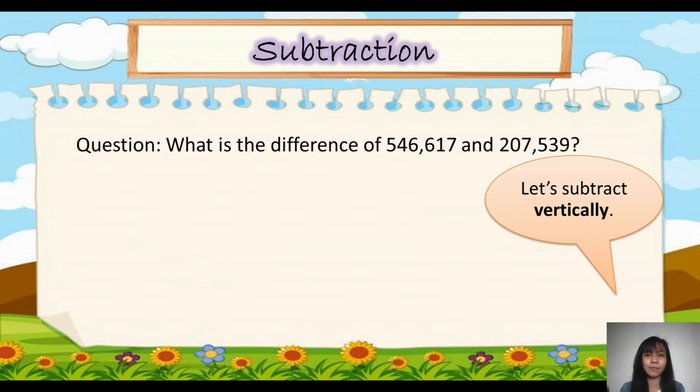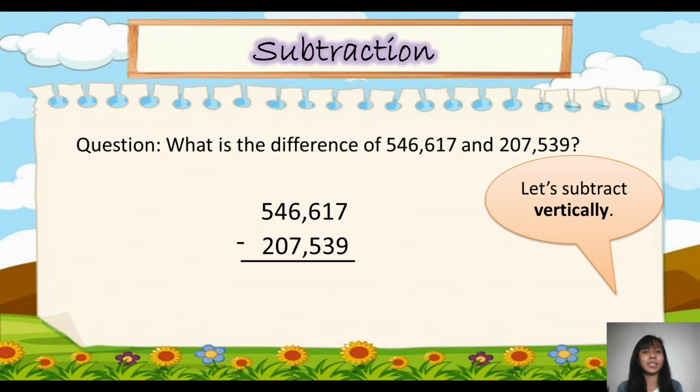This is for you to be easier to get the difference of these two given numbers. So you have to write like this: 546,617 minus 207,539, and then write the line. It symbolizes an equal sign. Okay, and now let's subtract.